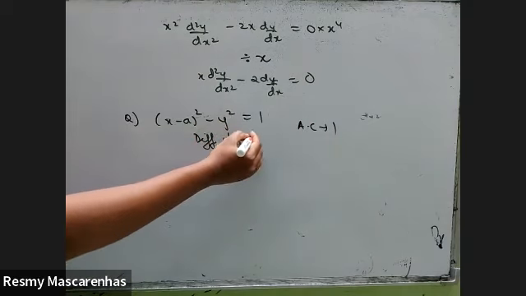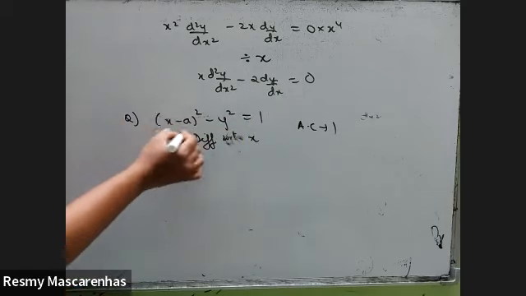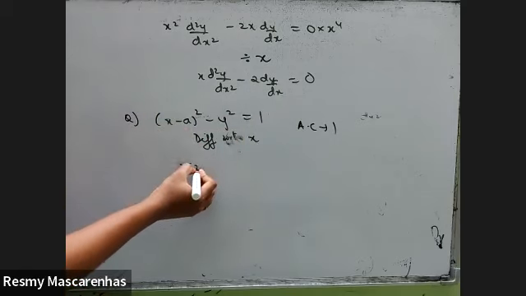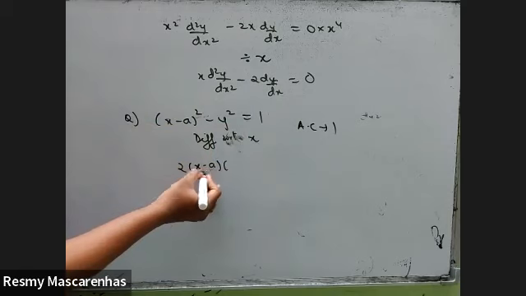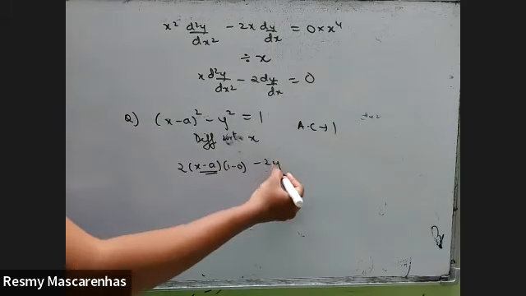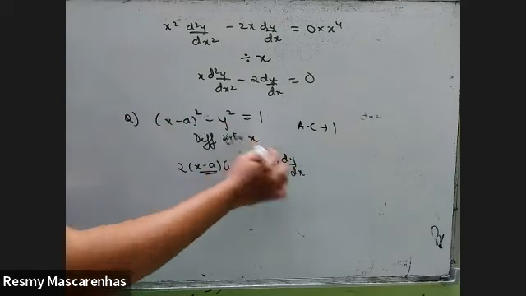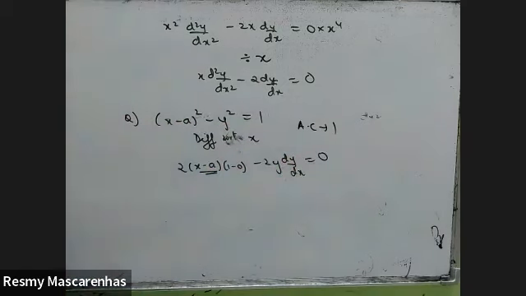Differentiate with respect to x. The derivative of x minus a whole square is 2 into x minus a into the derivative of the inside. The derivative of y square is 2y into dy by dx, because this is y and we are differentiating with respect to x. And the derivative of 1 is anyway 0.